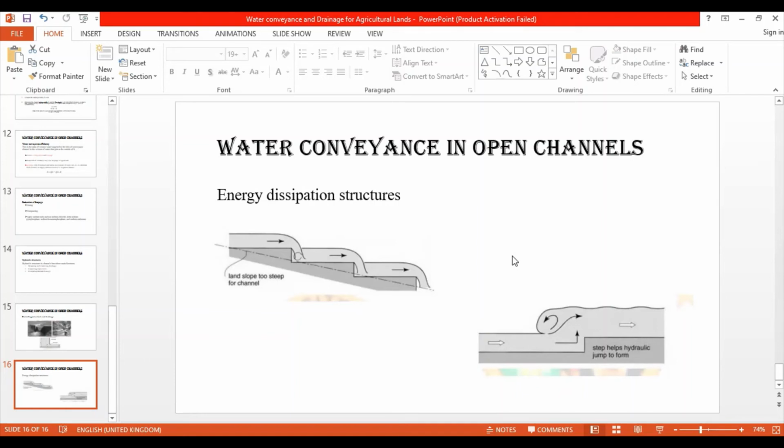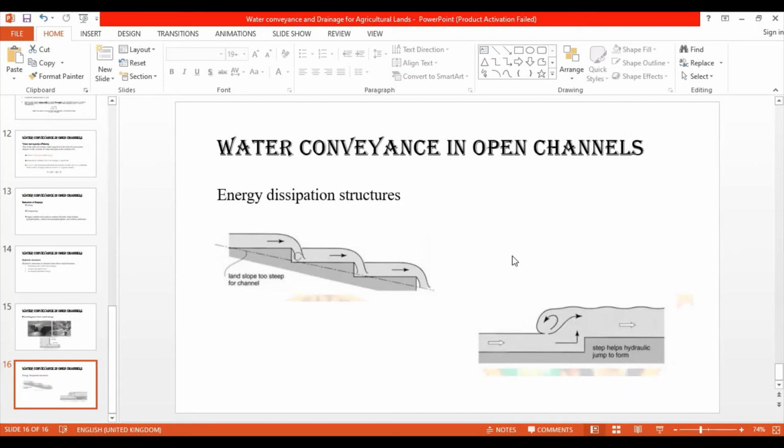If it's coming at a high speed, it's hammering into those stones, the speed at which it's moving will be reduced, and in the end, you save your channels from being eroded. So that's another way of using structures to protect your channels from getting eroded.